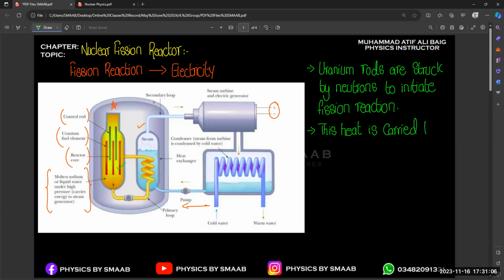carried to water using molten salt, where water turns to steam.